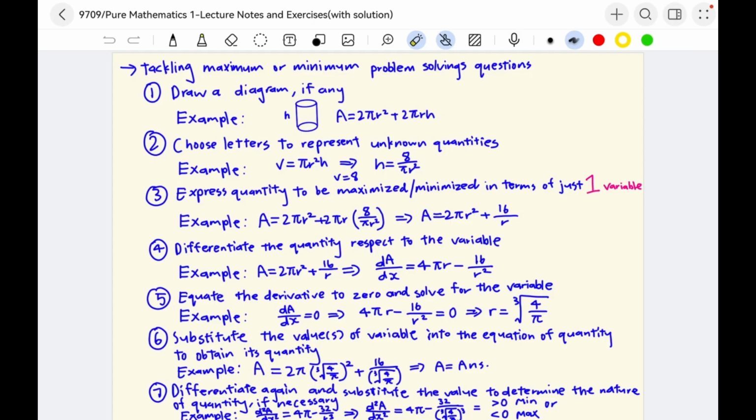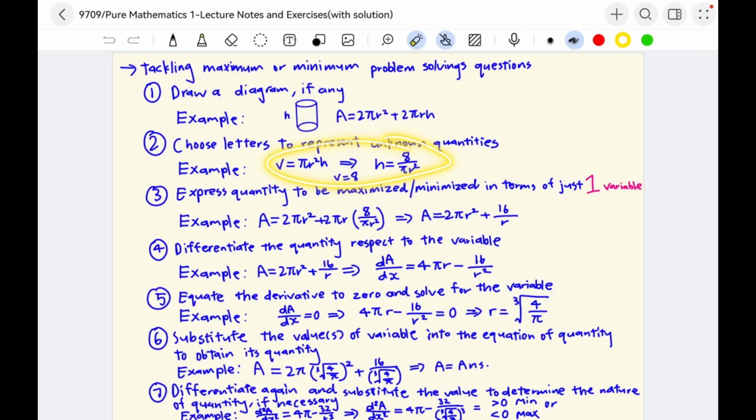So first, draw a diagram from the given question, if any. Or else this step is optional because all information is given to you. Next, choose letters to represent the unknown quantities instead of just y and x. Alright, so these are the examples.